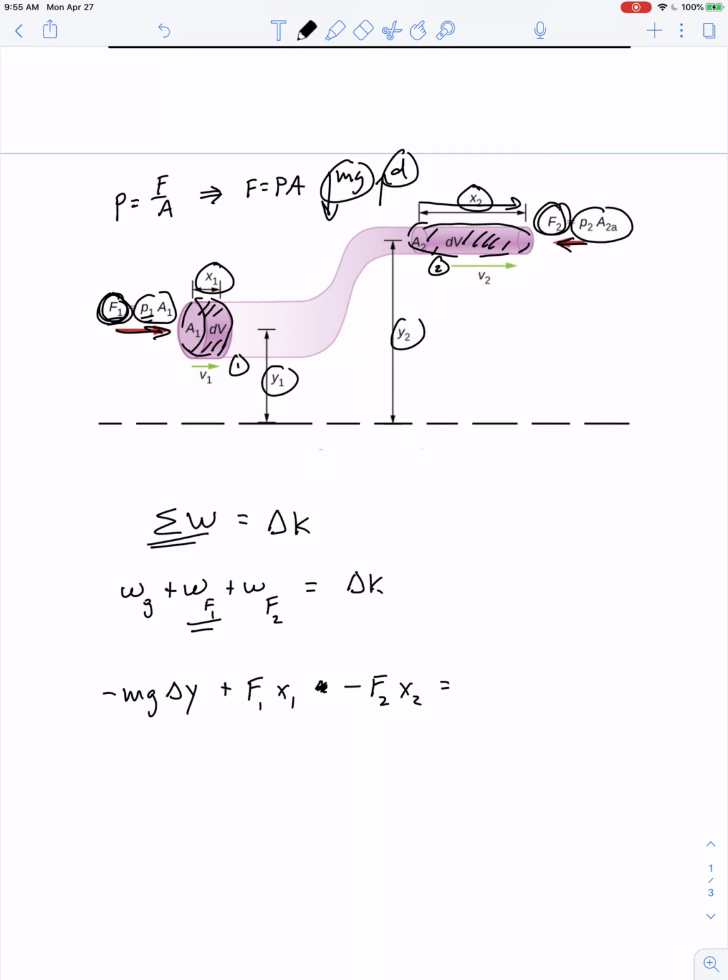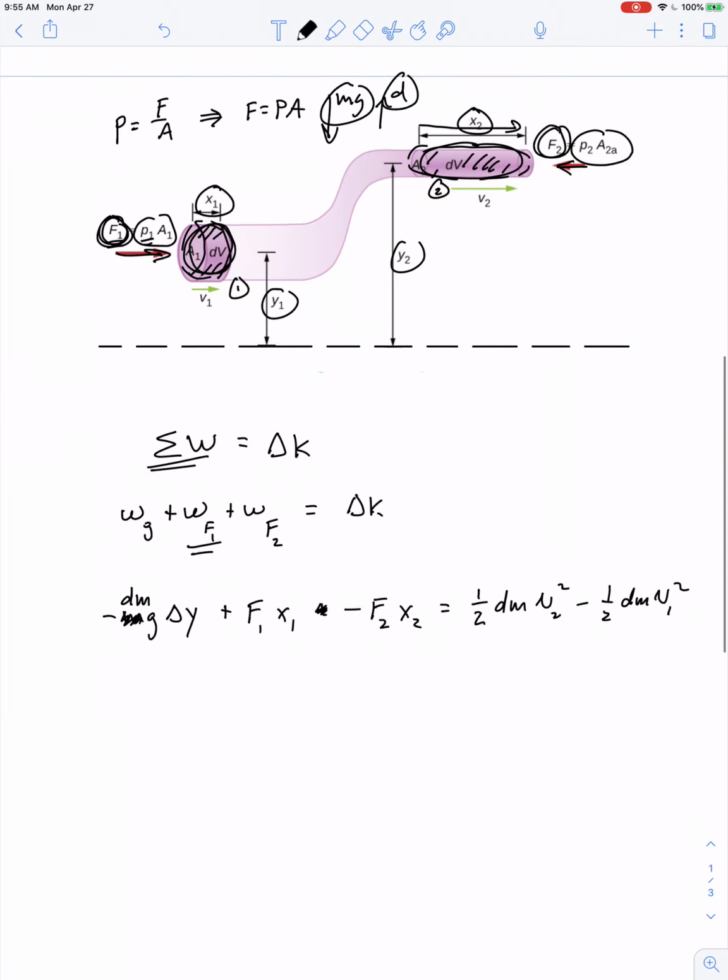Change in kinetic energy is 1/2 mv squared. Oh, I suppose what I mean here is dm. We're just imagining that this is a small fractional amount of mass moving through the pipe. So this is 1/2 dm velocity 2 squared minus 1/2 dm velocity 1 squared.